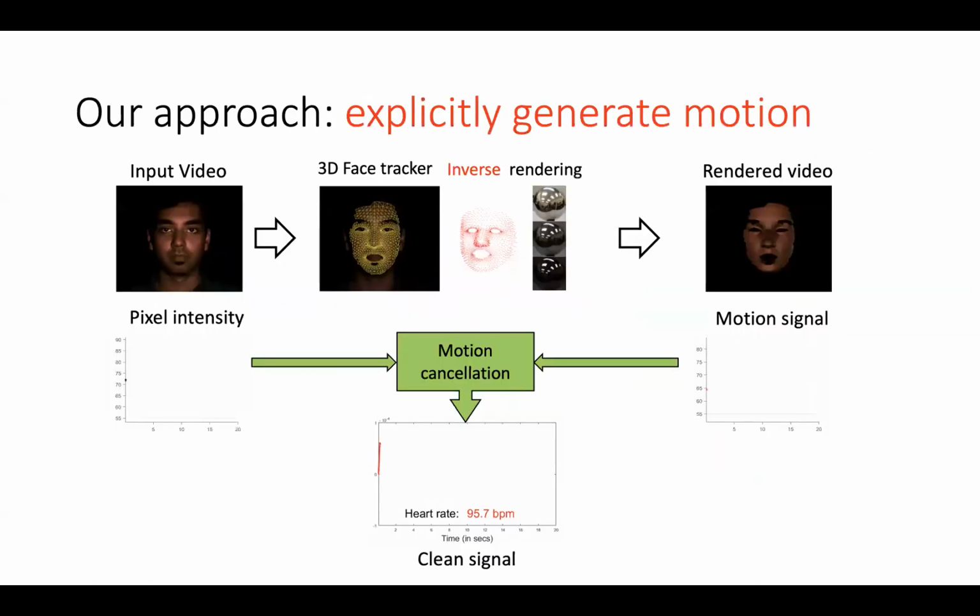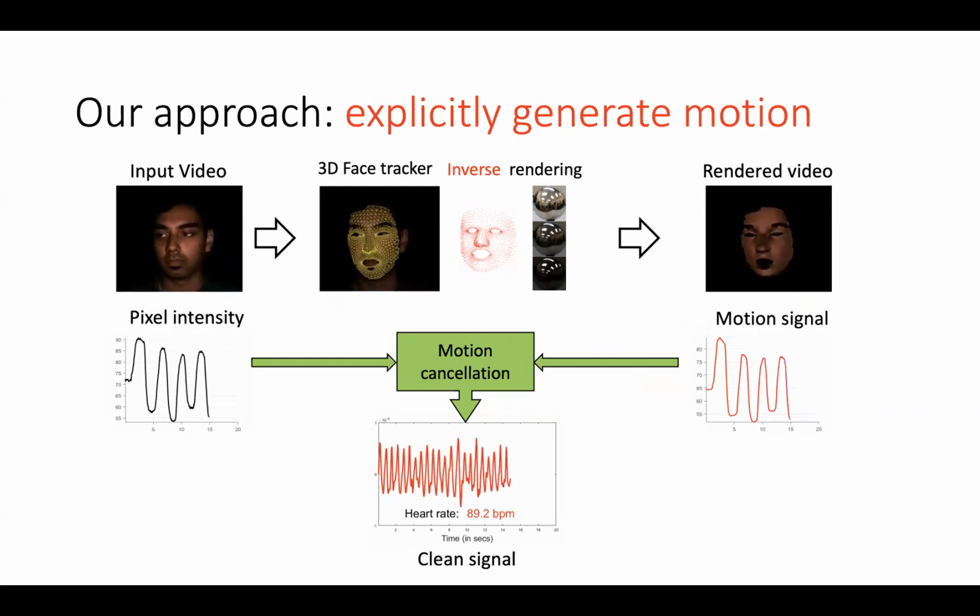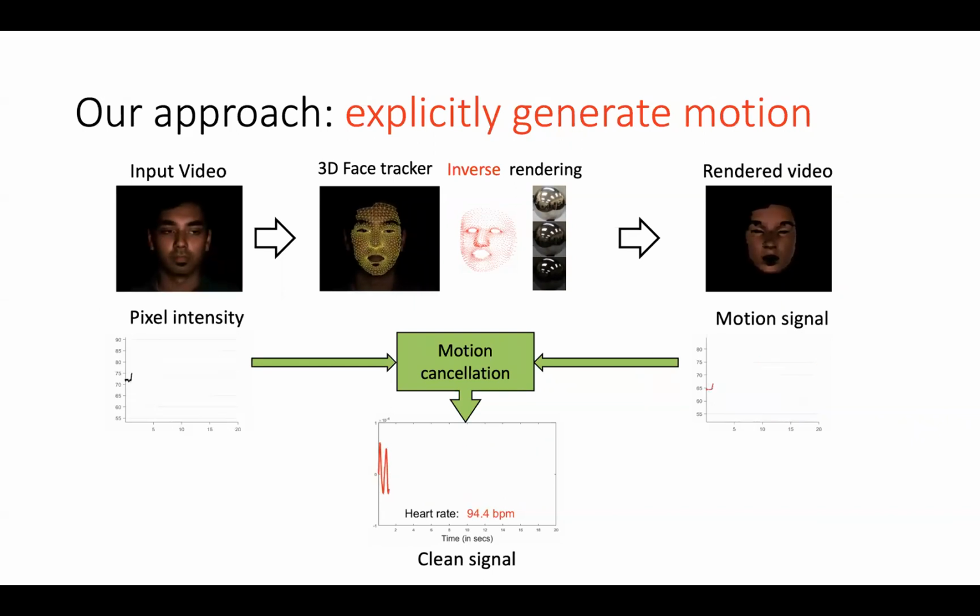But all the existing prior work tries to filter the distortions by some kind of implicit motion cancellation. In our approach, we explicitly model and generate motion signals using inverse rendering. Our key approach is to use a light reflection model to relate facial movements to the motion artifacts in the measured PPG signal.